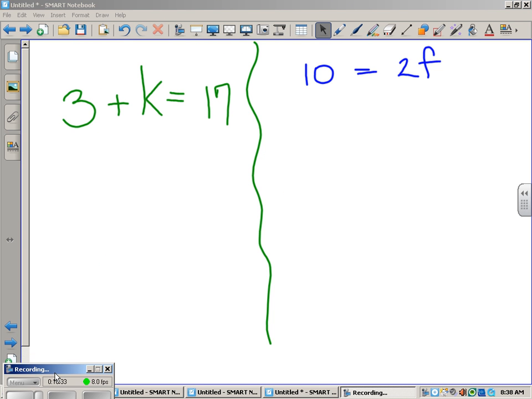Alright guys, now the only thing else I have is a couple questions that might look a little different. And if it looks a little different, it's not a big deal at all. In the left-hand question here, the one in green, you can see that it says 3 plus k equals 17. And we've got the number before the variable. And there's actually nothing here in front of the number, so that might confuse some people.